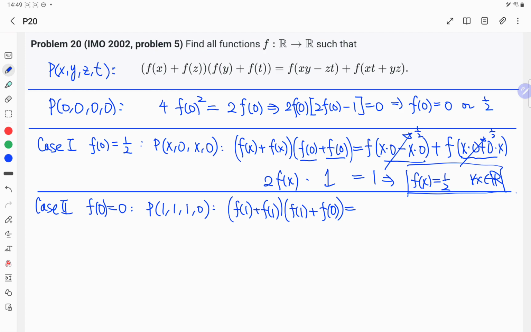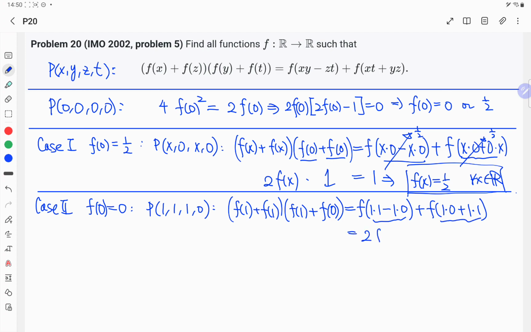On the right side, it is f(1 times 1 minus 1 times 0) plus f(x times t, where t is 0, so 1 times 0 plus 1 times 1). So this is f(1), and this is also f(1).